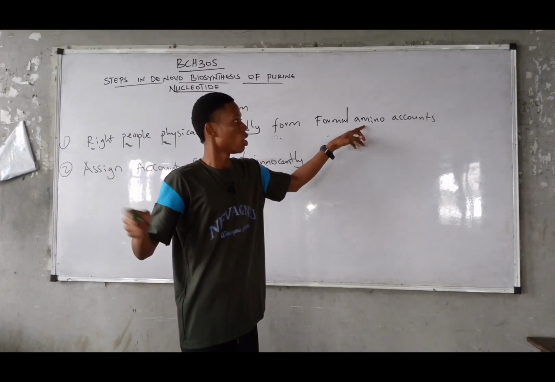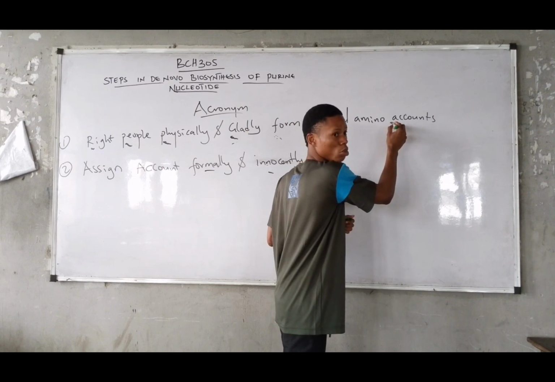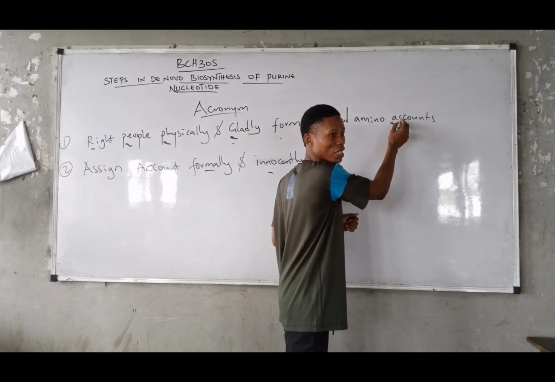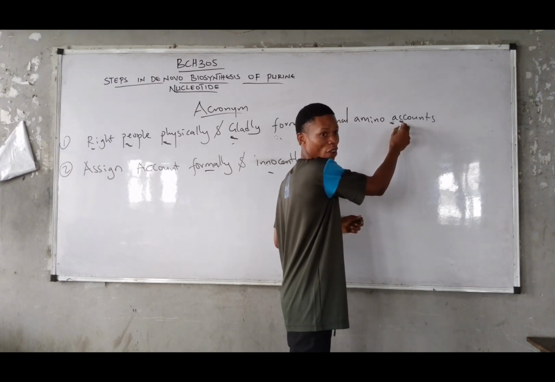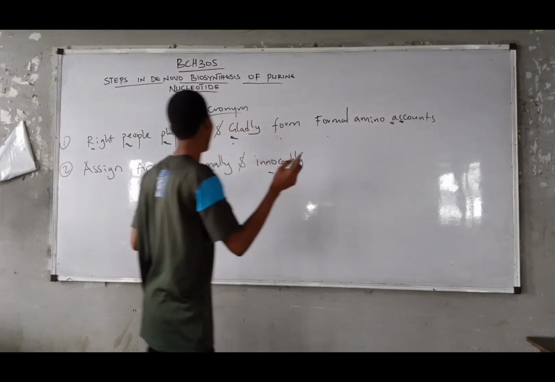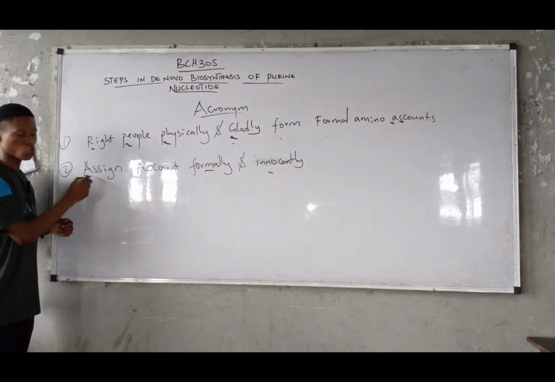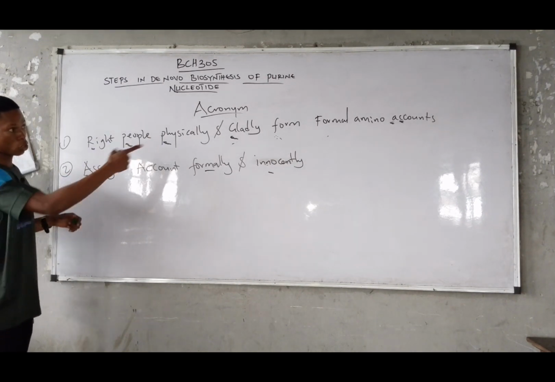From amino imidazole ribosyl 5-phosphate to amino imidazole carboxylate. So as you can see, AC, amino imidazole carboxylate ribosyl 5-phosphate. Now from there to amino imidazole succinylcarboxamide ribosyl 5-phosphate. So the two letters are giving you the difference.